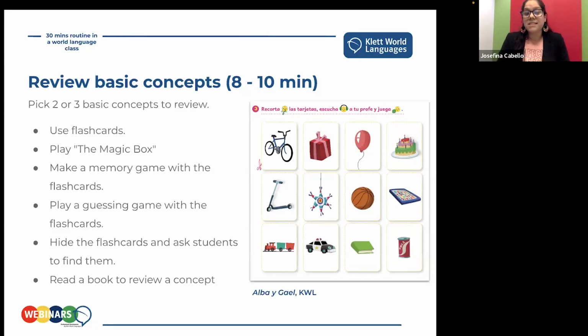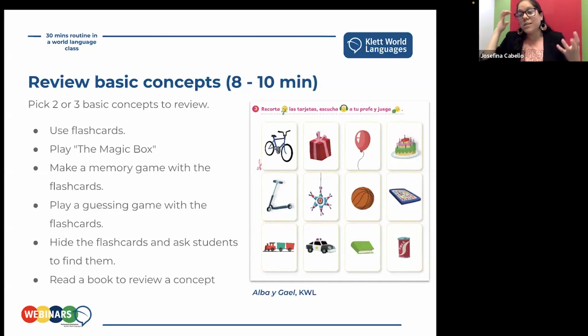this is, you get a gift box. And what you do is that you put inside that gift box an item related to the unit. For example, if you're talking about clothes, let's say you put a scarf, and then you give your students clues about what's in the box.